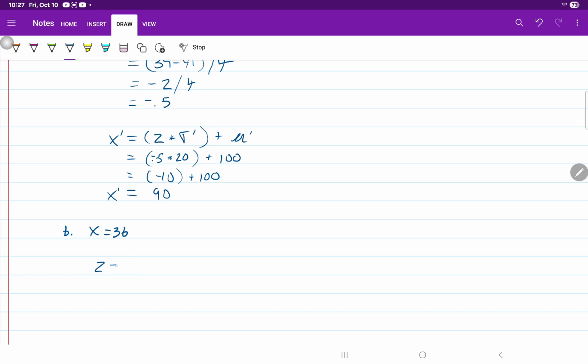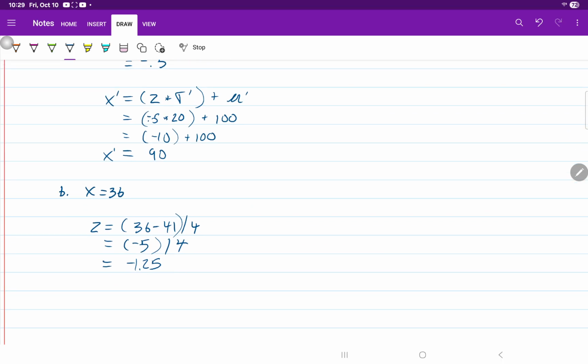So our z-score equals 36 minus 41, divided by 4. 36 minus 41 is negative 5, divided by 4, equals negative 1.25.